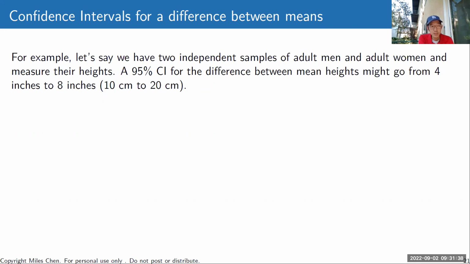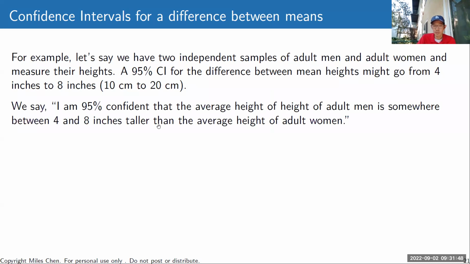That confidence interval could go anywhere from, say, 4 inches to 8 inches, maybe around 10 to 20 centimeters. We would say something like, I'm 95% confident that the average height of adult men is somewhere between 4 inches and 8 inches taller than the average height of adult women.